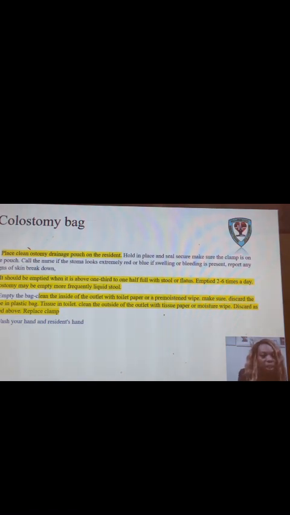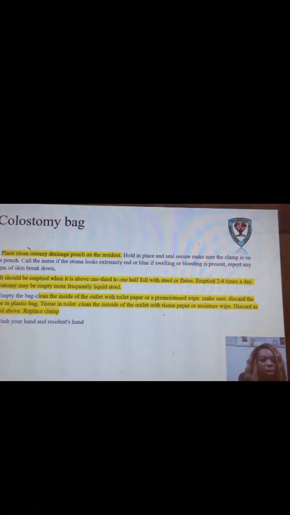You want to place a clean ostomy drainage pouch on the resident once you have removed the old one. You want to hold it in place and seal securely, making sure that the clamp is on the pouch.